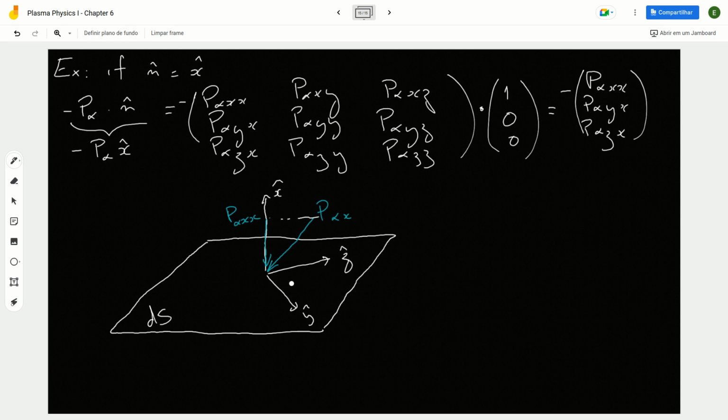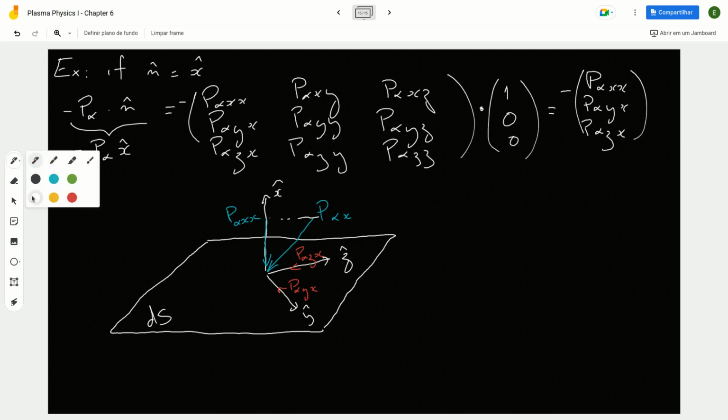Then you have 2 tangential directions and 1 normal direction. I'll use a different color for the tangential components. So this will be P alpha zx, and this will be P alpha yx, right? The z and y components of P alpha.